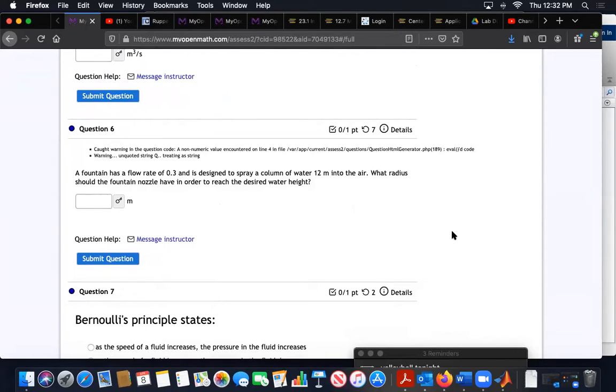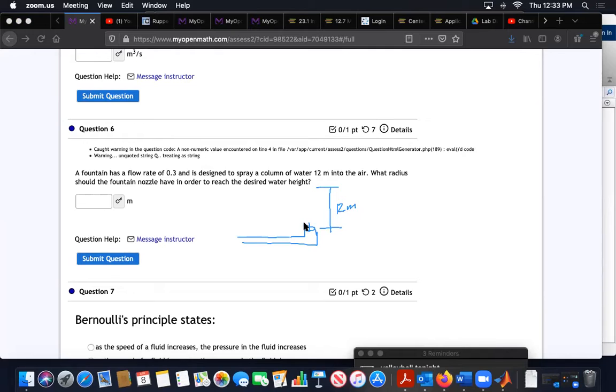Okay, so here's the problem we've got. We've got a hose going into a fountain that sprays water up to some particular height, like this, 12 meters in my case. And they want to know what radius should this fountain nozzle have in order to reach the desired height.